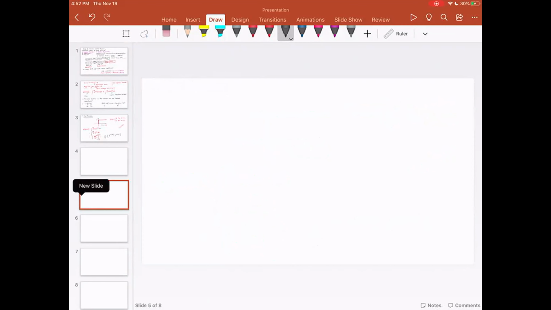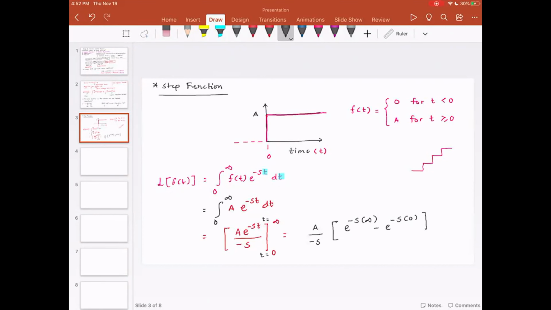Once I solve this, the infinity term is 0 and I get minus 1 here, and I get a divided by s. So the Laplace transform of the step function is a divided by s. So in the time domain, if I have a step function of height a, then in the Laplace domain this is going to be a divided by s.